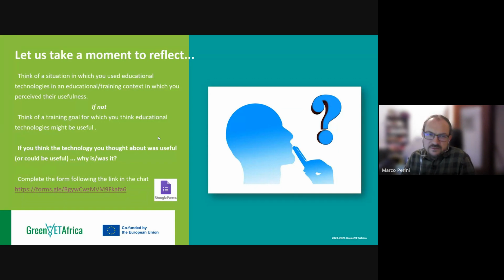If you do not have an example, think of a training goal for which you think educational technology might be useful. When you have thought about this, if you think the technology was useful or could be useful, why is it useful?